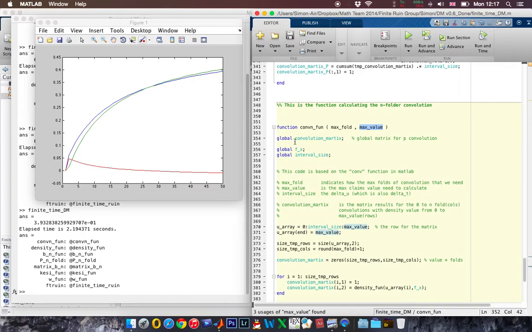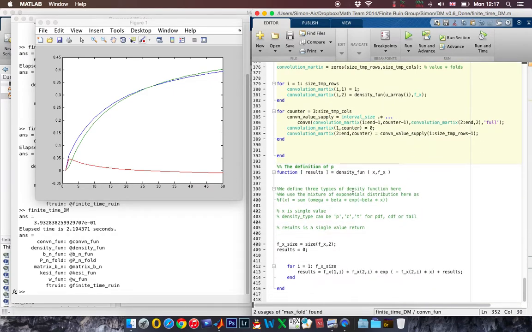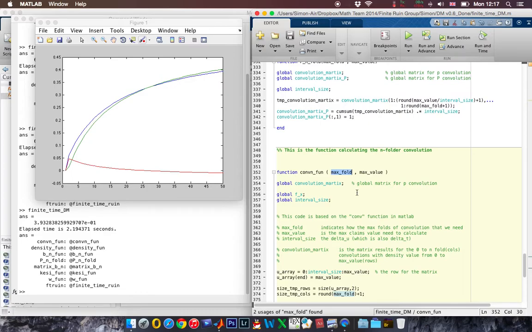And the columns of this global convolution matrix go from 0 to max fold. So the columns are 0 and 1 and 2 and 3. Each of the columns indicates the nth-fold convolution of our density function. So let's take an example.